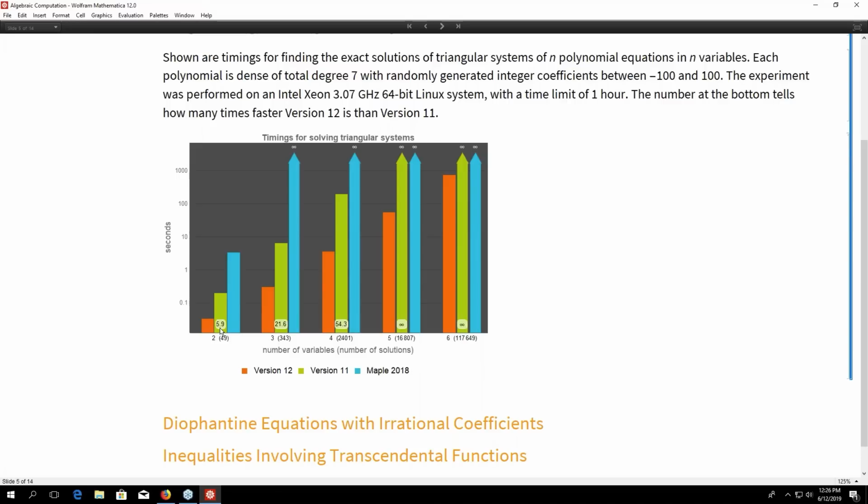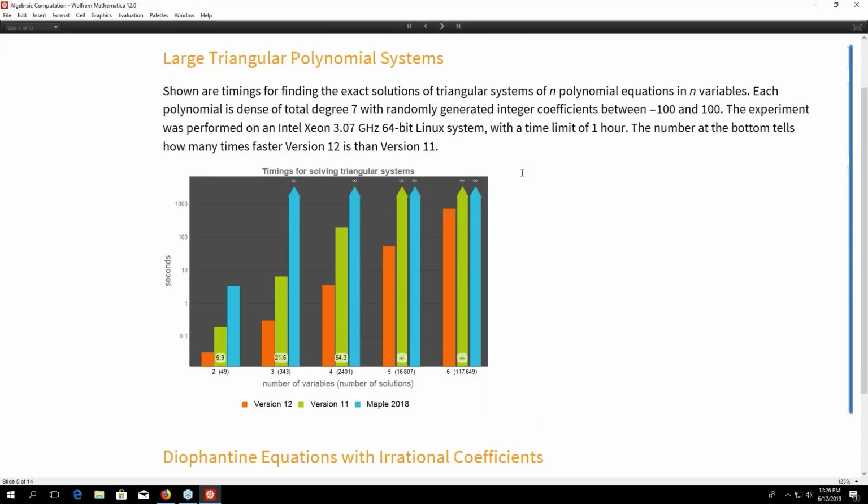We chose triangular problems of degree 7 with randomly generated coefficients. For 4 variables, it's 54 times already faster, and for higher number of variables, version 11 was timing out at 1 hour. Version 12 can compute here for 5 variables in less than 100 seconds, for 6 variables in less than 1000 seconds.